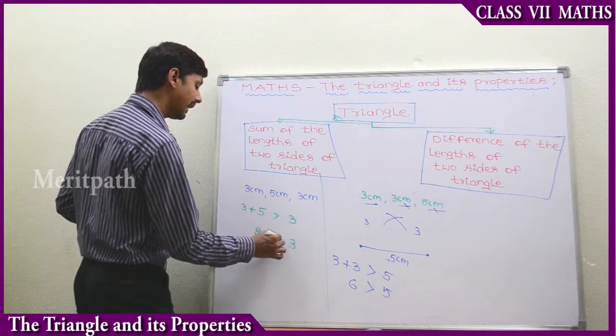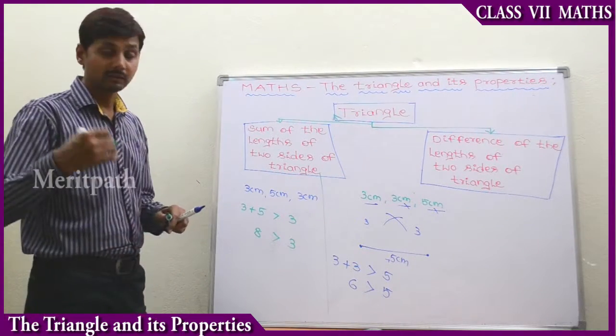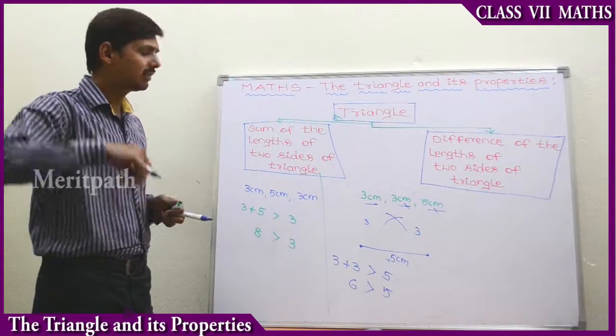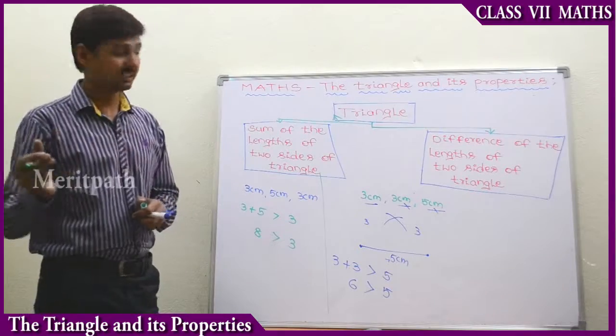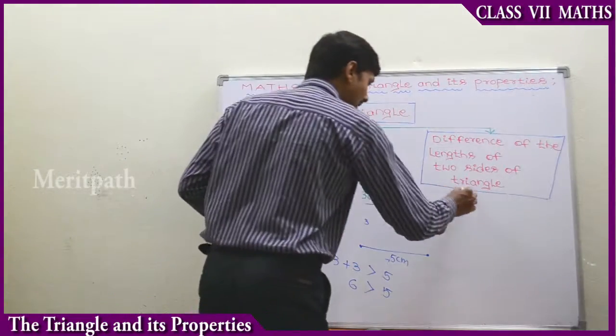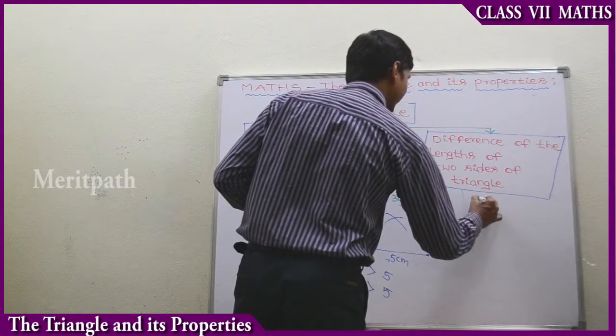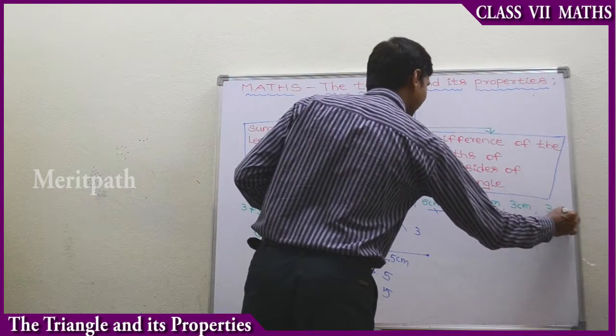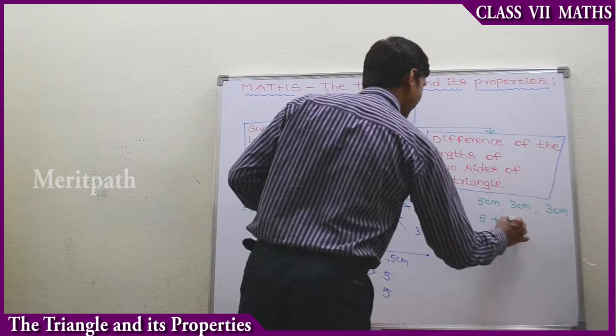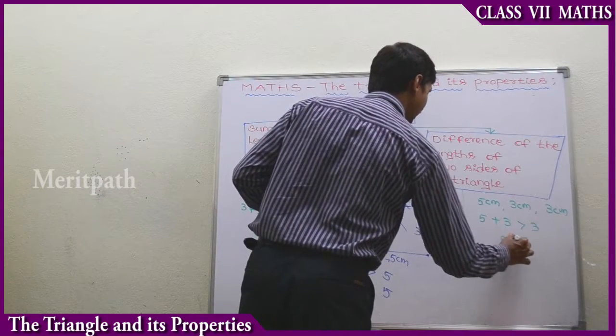So this is greater than the third side. Let us take another combination: 5 centimeters, 3 centimeters and 3 centimeters. We get the same thing: 5 plus 3 is greater than 3, so 8 is greater than 3.